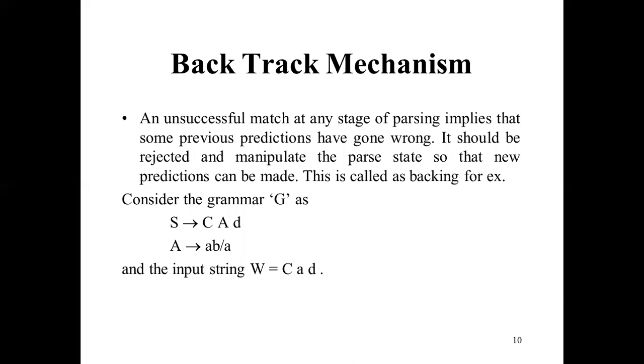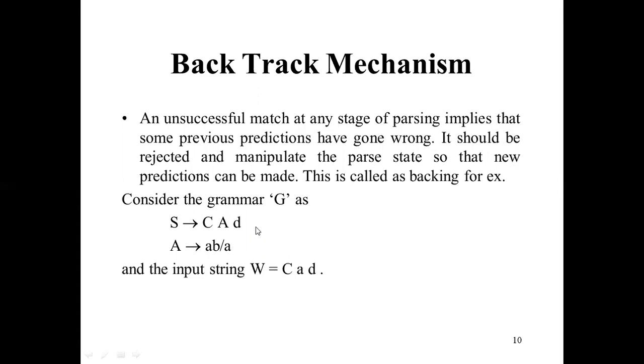Consider the grammar. This is called the grammar, and we indicate it by capital G. Suppose S is here given as CAD. So these are the string, the string provided to you. What is the value of A here? For A, we can choose either AB or A. The slash sign indicates that either we can choose AB or we can choose A as per need.